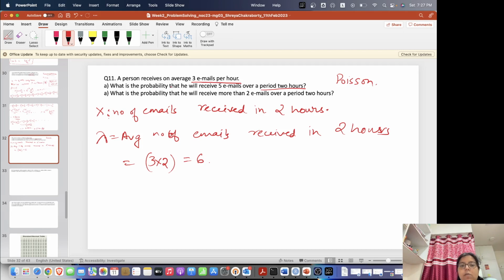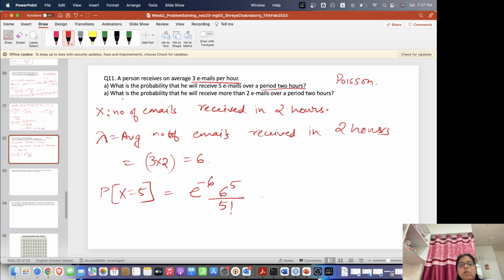So the same thing, what is the probability he will receive 5 emails over a period of 2 hours is probability x equal to 5. That is nothing but e to the power minus 6, 6 to the power 5 by 5 factorial, whatever this comes to.